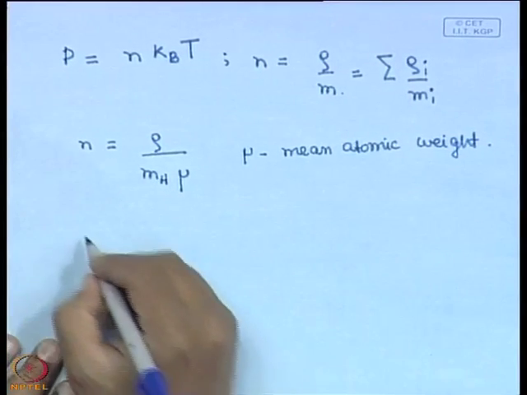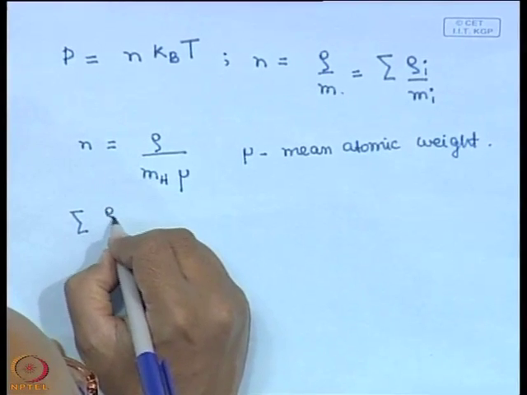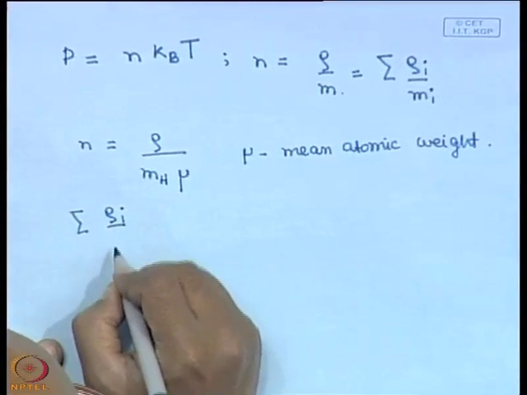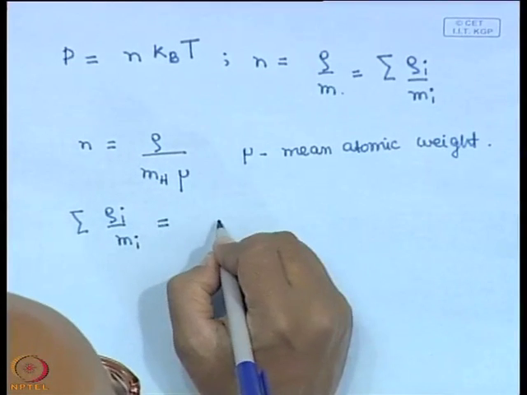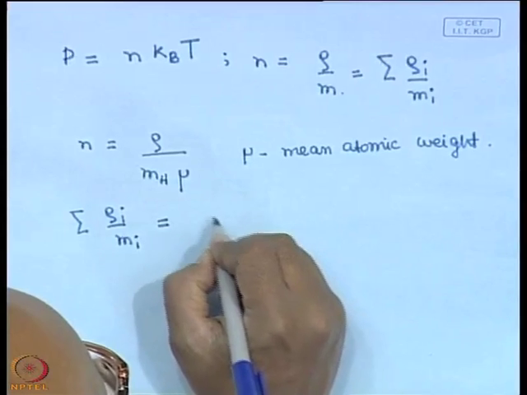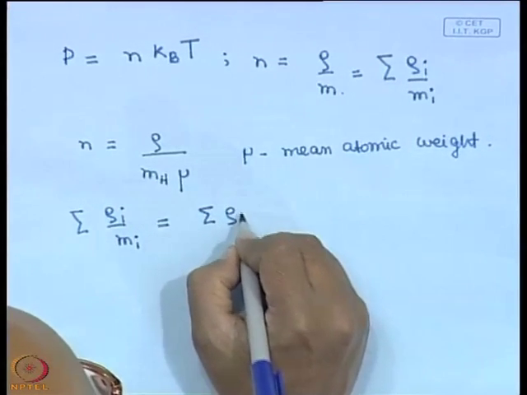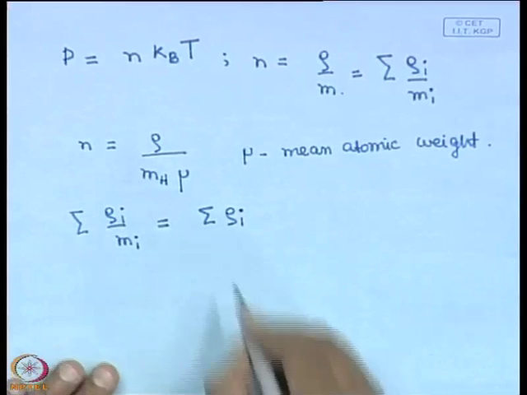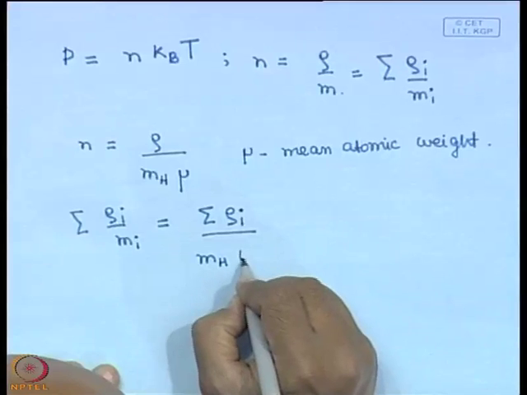So, essentially what we have done is we have written the sum of rho_i m_i as equal to the sum of rho_i, this gives me the total density, divided by mH into mu, right.